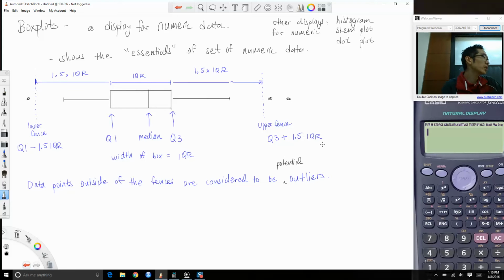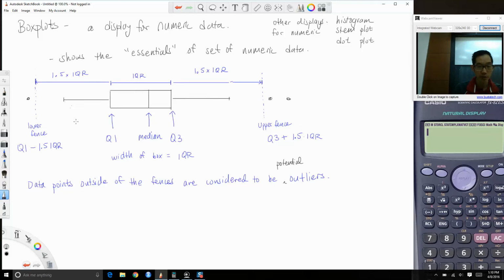And there are different rules, different methods for deciding what is an outlier or what is not an outlier. This is a pretty good method. Go 1.5 IQRs above Q3, 1.5 IQRs below Q1. These set up these invisible boundaries. If it's above over here, outlier. If it's below down here, we'll also say it's an outlier. Okay.